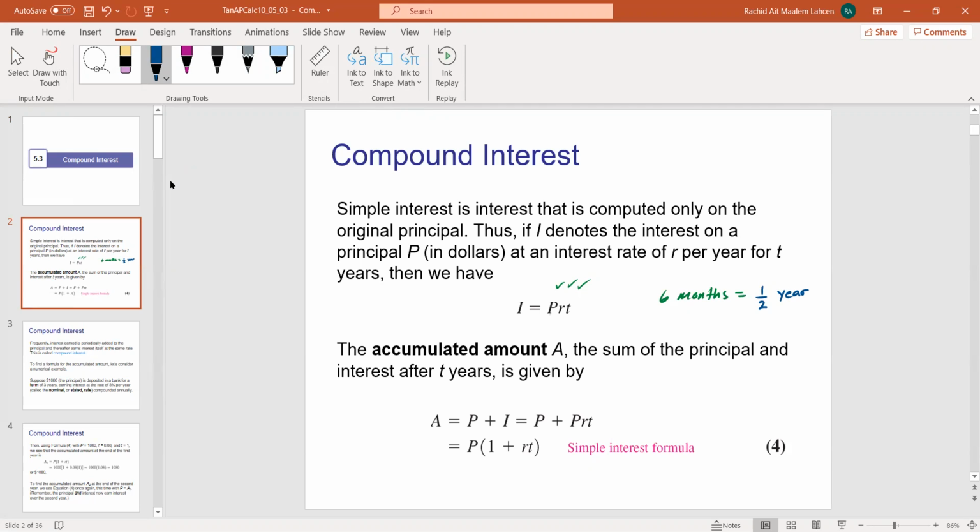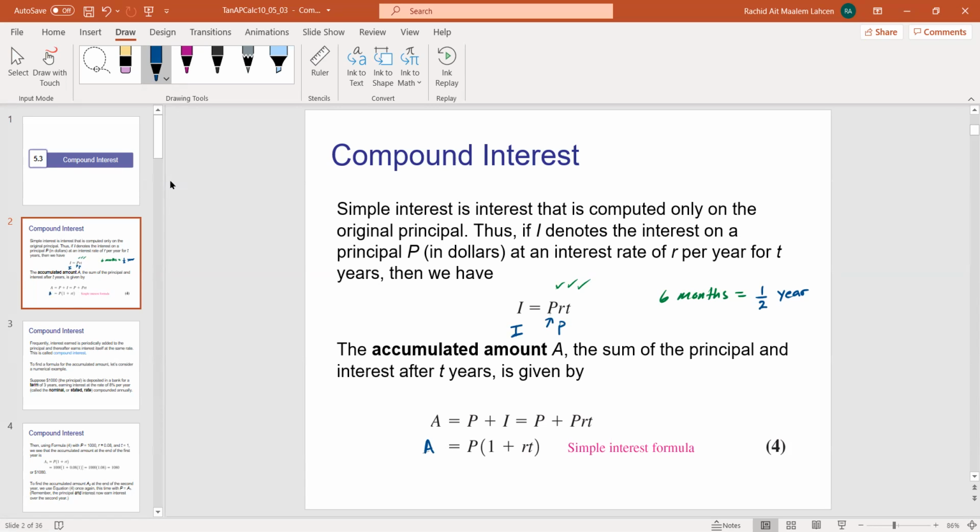So the accumulated amount A, if there is some investment P, or borrowing P, and it's generating interest I, then what is the accumulated amount? The accumulated amount, of course, is going to be the principal plus the interest for that year.